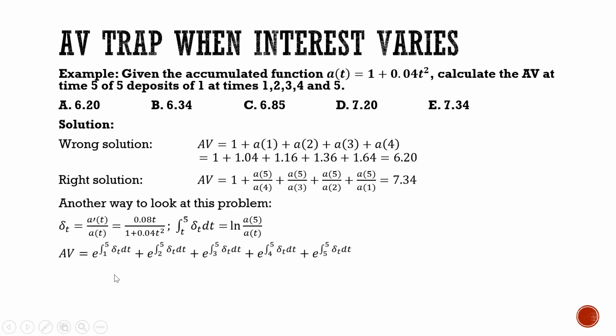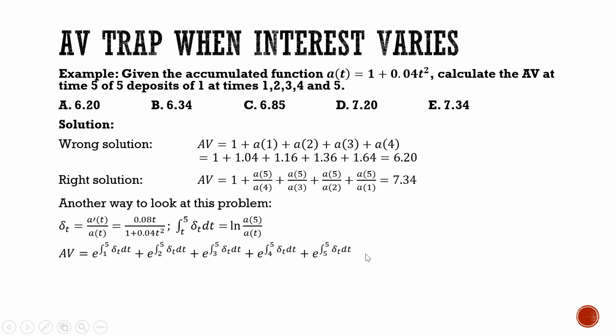So here we have $1 invested at time 1, then $1 invested at time 2, $1 deposited at time 3, time 4, and time 5. For the first $1, the formula to calculate the accumulated value at time 5 is e to the integral from 1 to 5 of delta t dt, and similar for the last 4 terms.